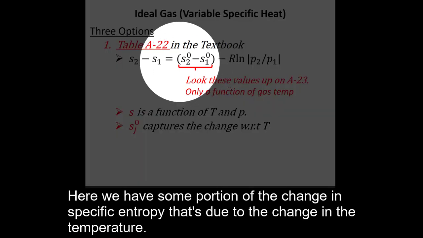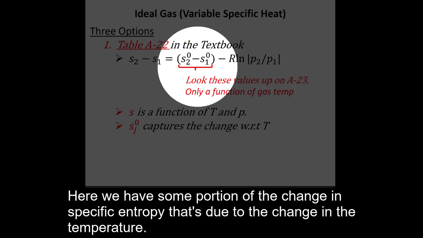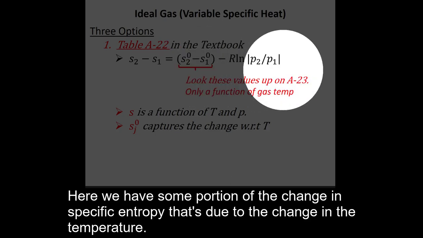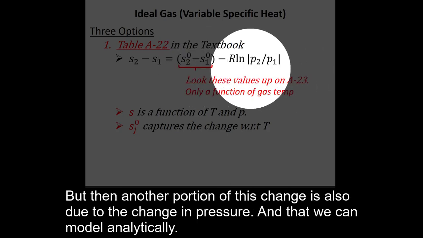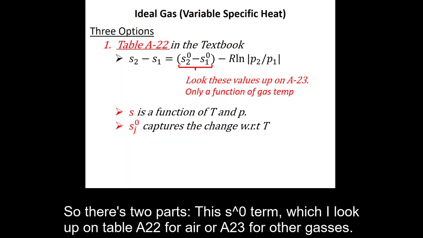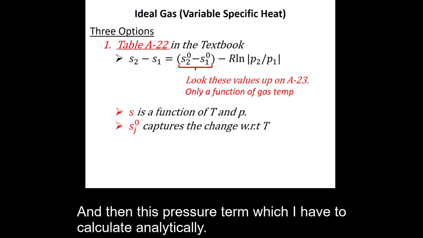Here we have some portion of the change in specific entropy that's due to the change in the temperature. But then another portion of this change is also due to the change in pressure, and that we can model analytically. So there's two parts. This s superscript 0 term, which I look up on table A22 for air, or A23 for other gases. And then this pressure term, which I have to calculate analytically.